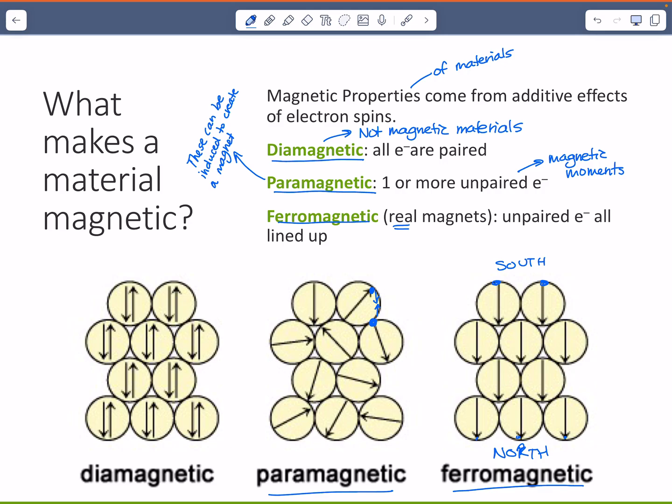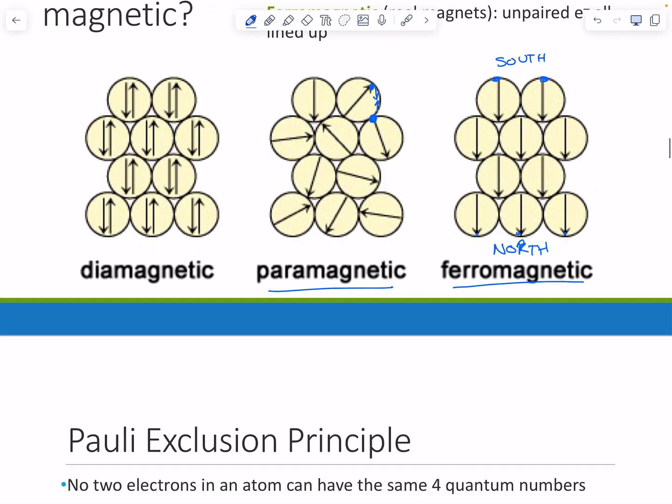So in addition to the electrons having spin, the protons in your nucleus also have a spin. We're using the properties of the electrons to create the field, and we're looking at the nuclear spins, how they respond to that field.